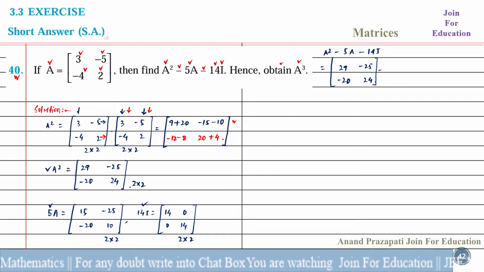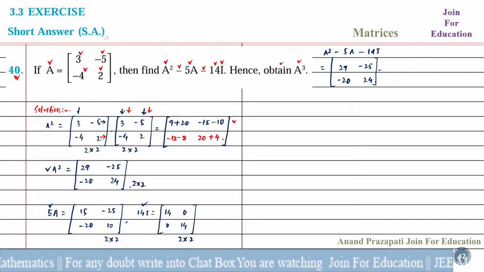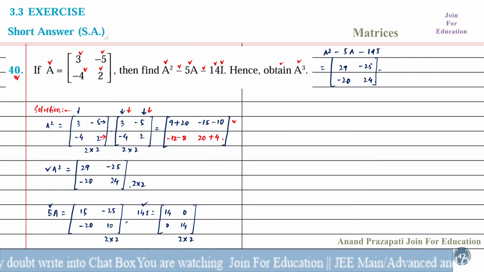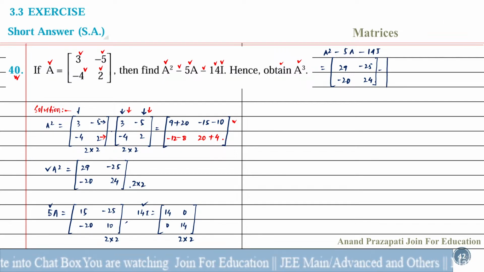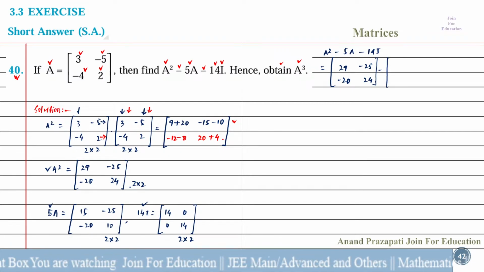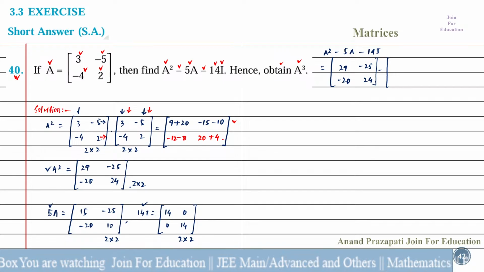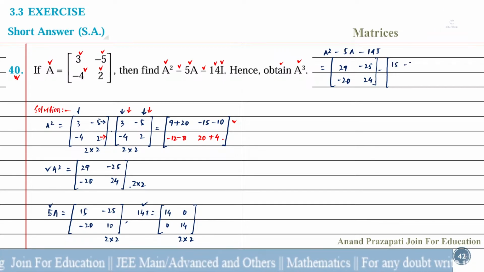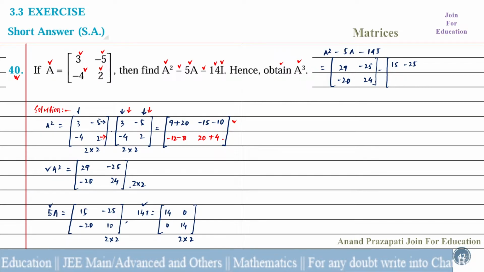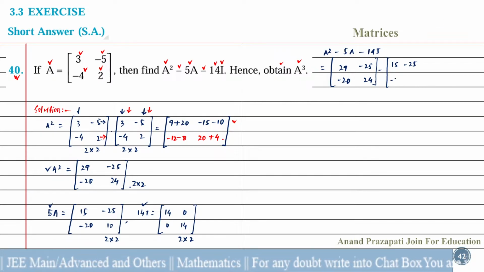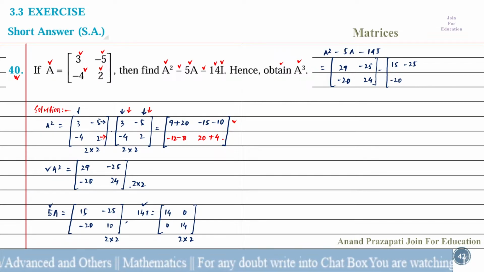Minus 5a, then we get this one: 15 minus 25 minus 20 and this is the 10.